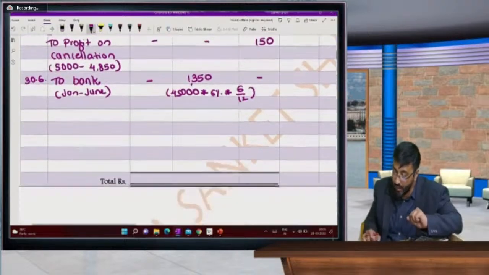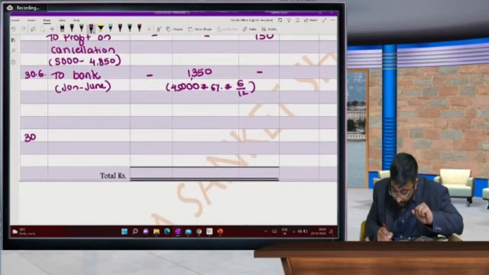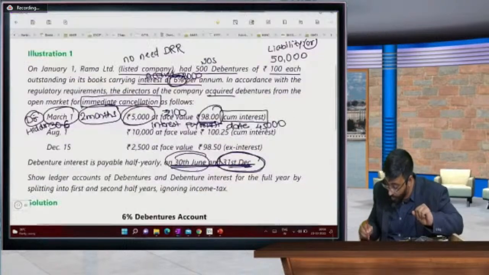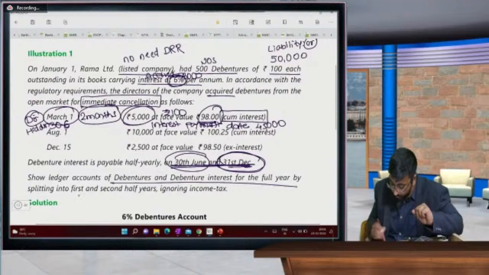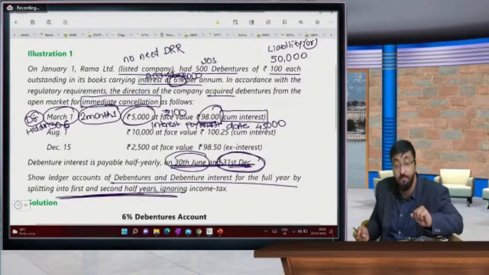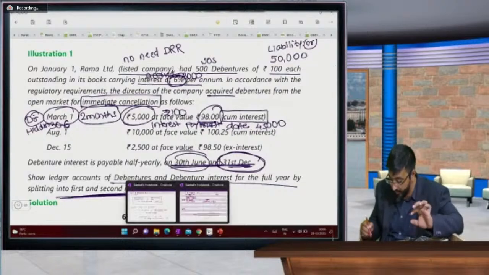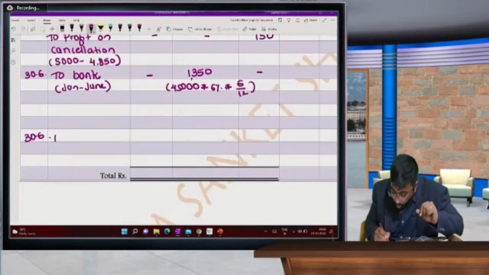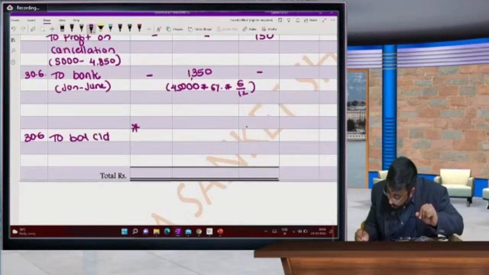Here beta, we have completed the first half, because I said I want the answer by splitting into first and second half years. I said I want the answer in 2 parts, 6 months. So balance carried down. Now see the column.